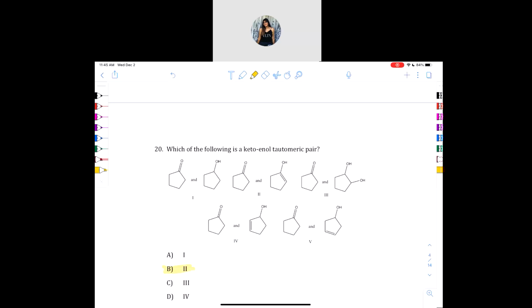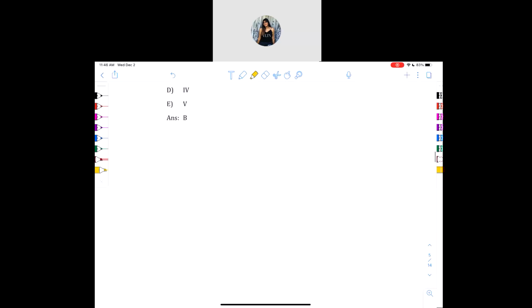So yes, I think you guys are right. It will be answer choice B. And the reason is when we go between a ketone and an enol, the ketone will turn into an OH, and we will end up with a double bond attached to the alpha carbon. So B is the only one that matches that description.